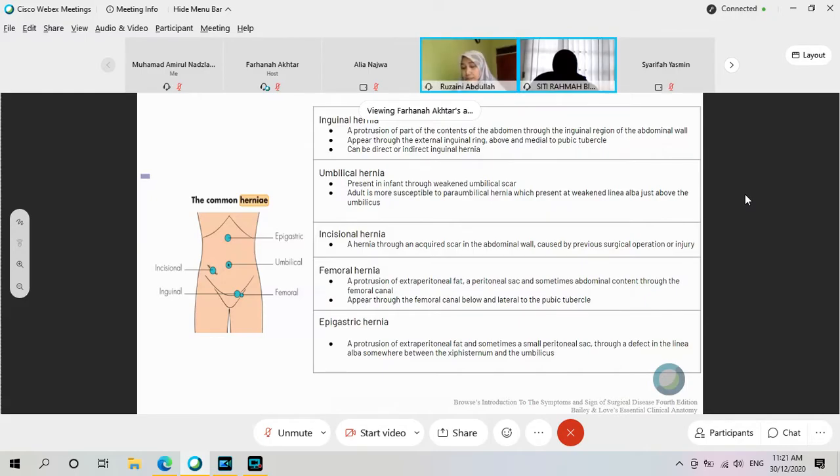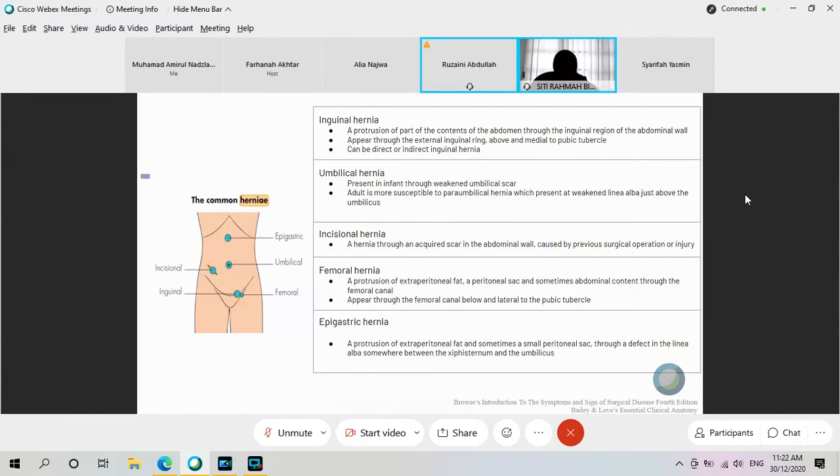Is epigastric hernia common? I think, because this is the following order, all of this is common. I'm asking you, is it common? That's why I'm asking you the percentage. Because I hardly see any epigastric hernia.